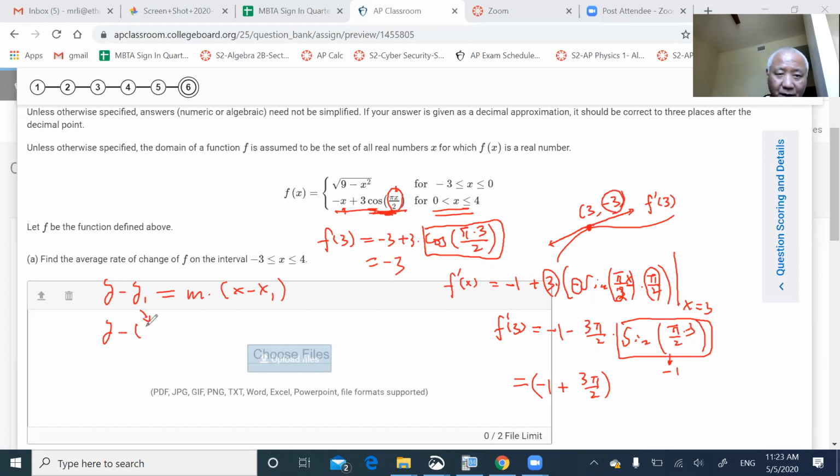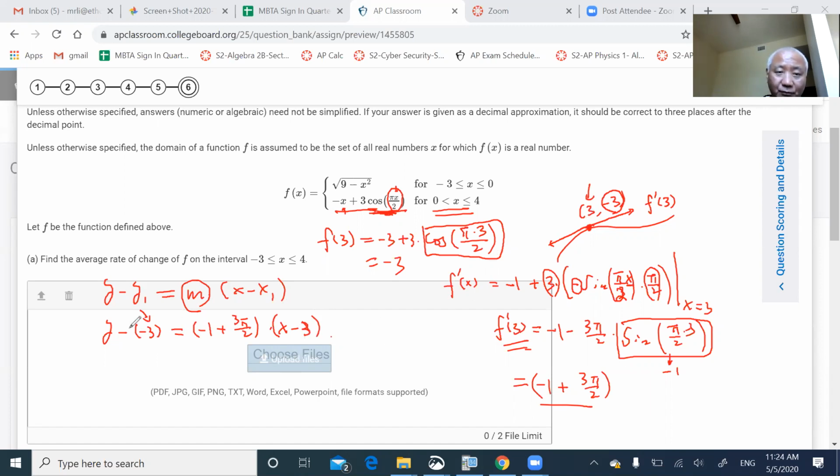So that means y minus (-3) equals the slope. Slope means the derivative of the function when x equals 3, and we got this already: -1 plus 3 pi over 2. And then times x minus x1, where x1 is just the 3, the x-coordinate of the point of tangency. So this is the answer, right?